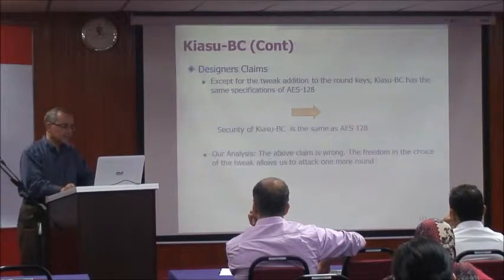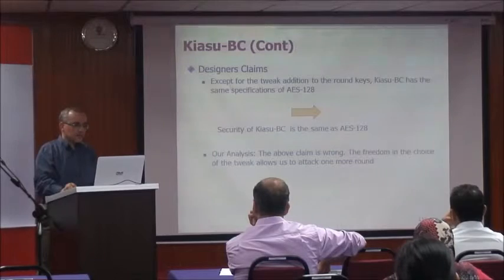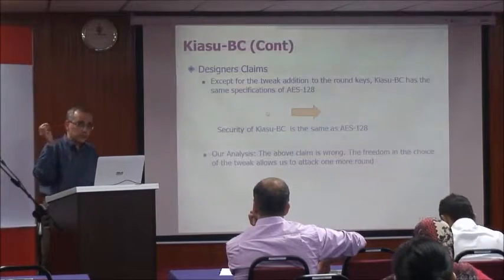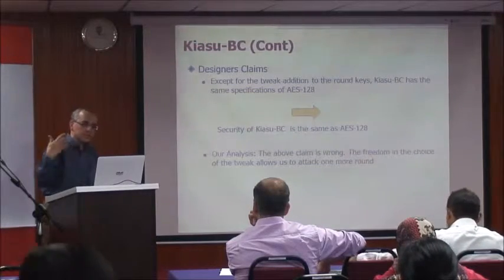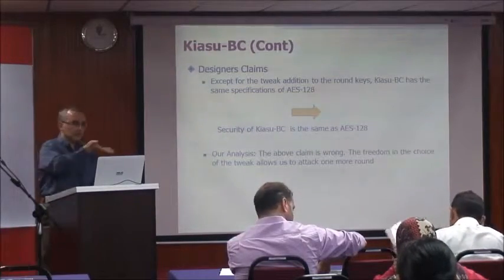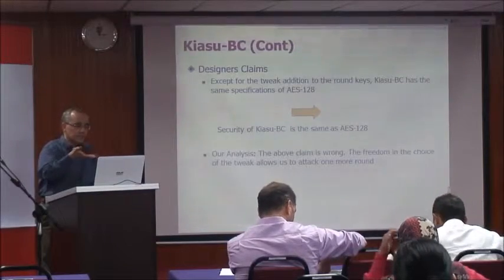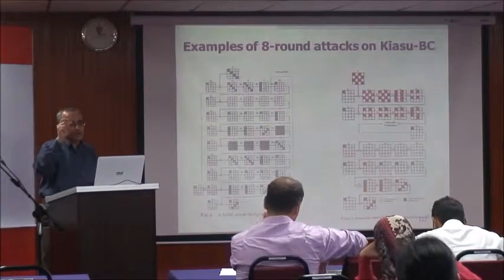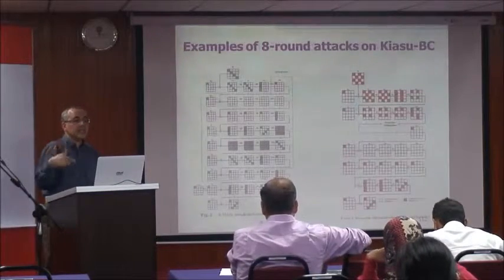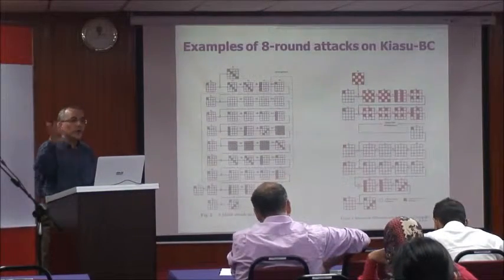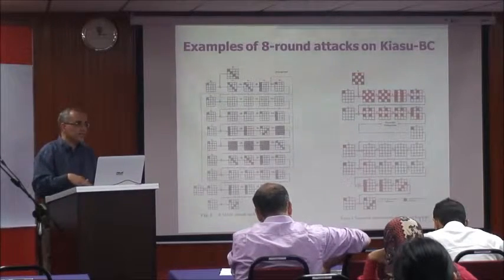So the main claim is that since we are exactly AES-128 except for the tweak, all the security claims of AES should hold for this new block cipher. But what we realized is that if you actually utilize the freedom you have in that tweak, you can extend the attacks on this cipher one more round compared to the attacks we have on AES.